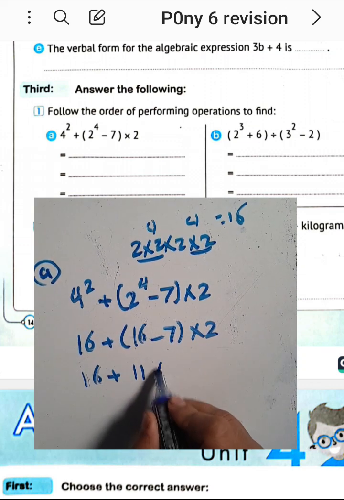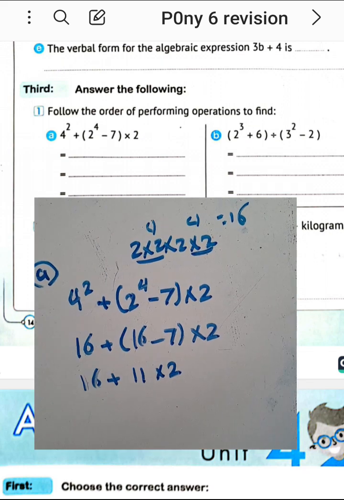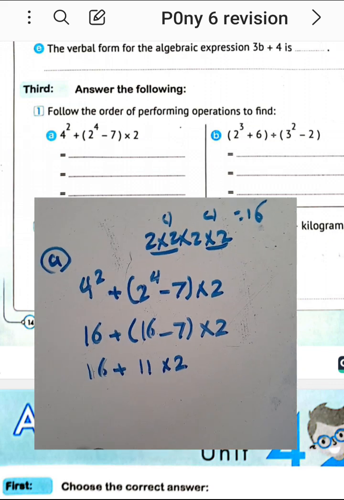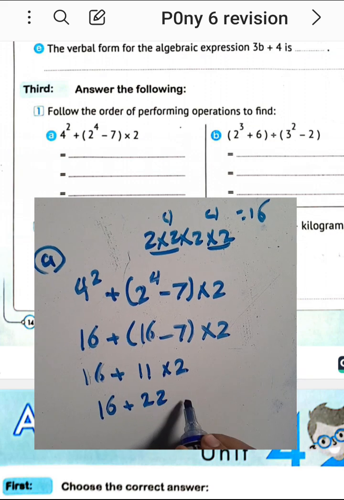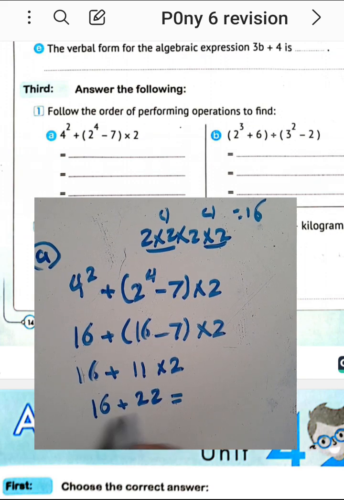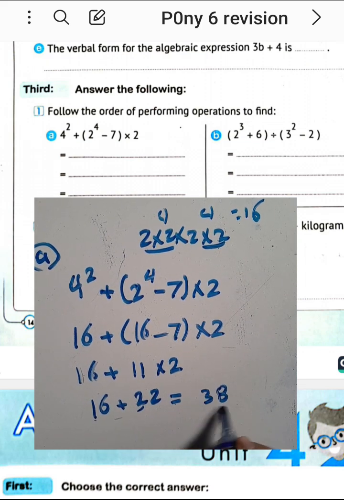Times 2, and 4 power 2 means 4 times 4 is 16. Don't use addition first, you must do multiplication first. 16 plus 2 times 11, that will be 22. And 16 plus 22 equals what? 2 plus 6 equals 8, and 1 plus 2 equals 3. The result will be 38.